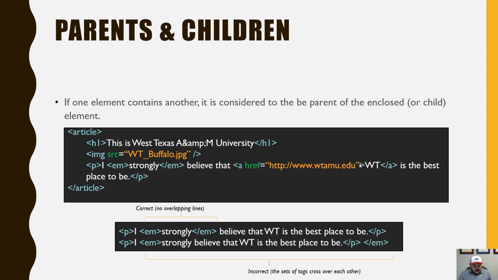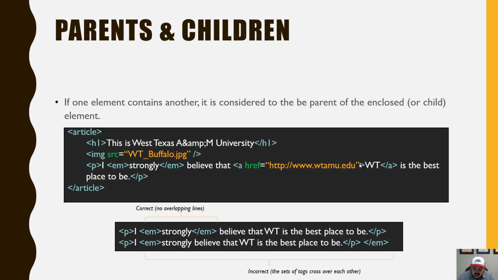All right, so we're getting to the end of the slides for this lecture. I do want to talk about parents and children. It's extremely important that we understand how we stack things and how we code things, because we want to be sure that things are ready to go when we start creating CSS code for our HTML.